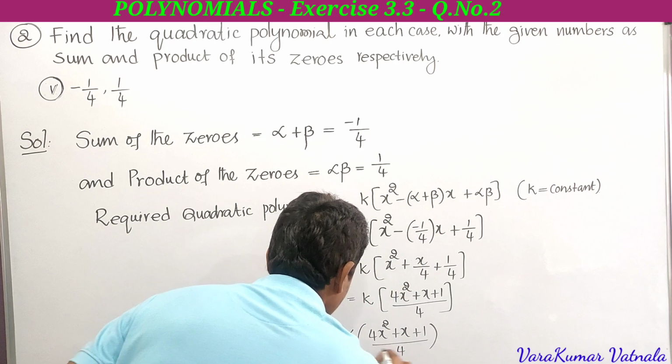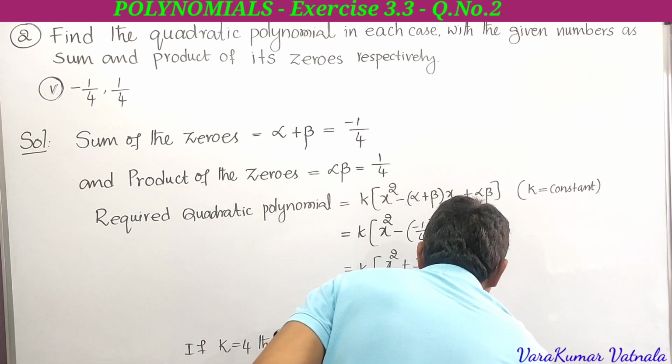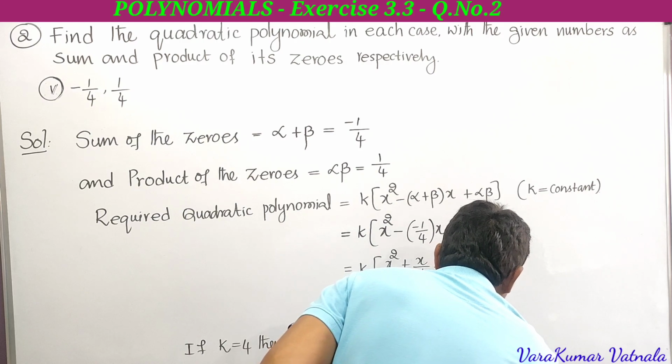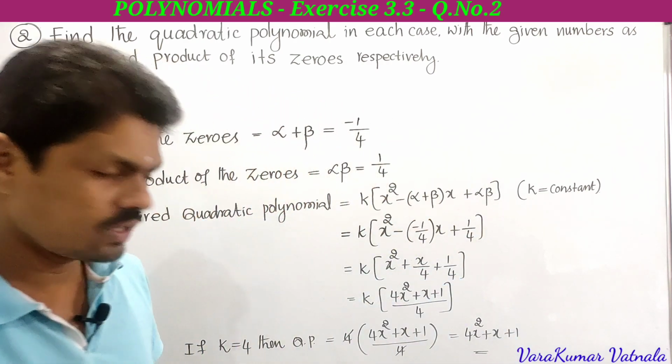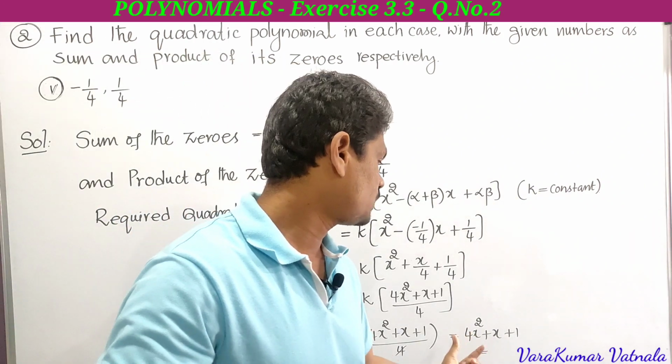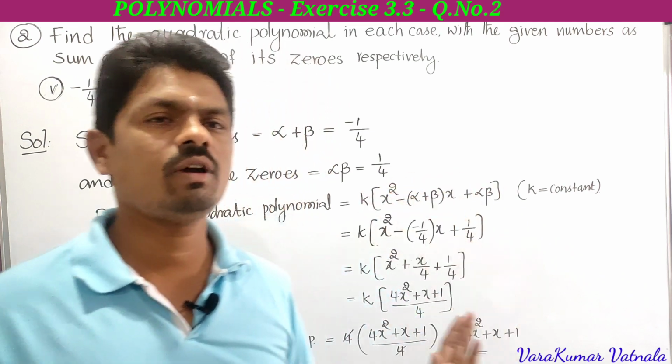So the 4 gets cancelled, and we finally get 4x square plus x plus 1. So this is the required quadratic polynomial whose sum of the zeros is minus 1 by 4 and the product of the zeros is 1 by 4.